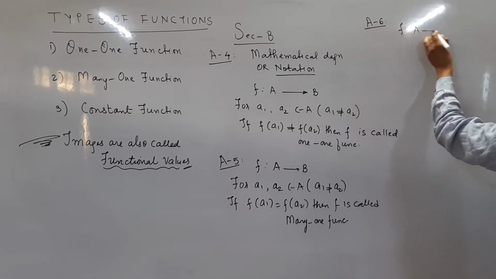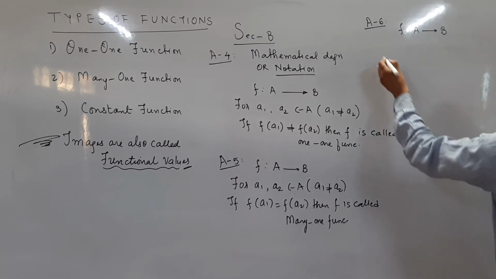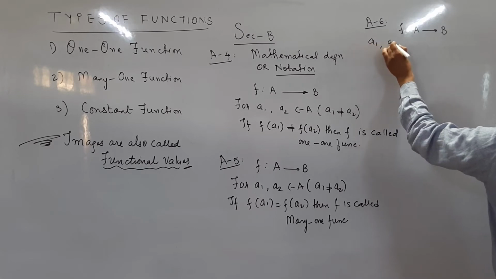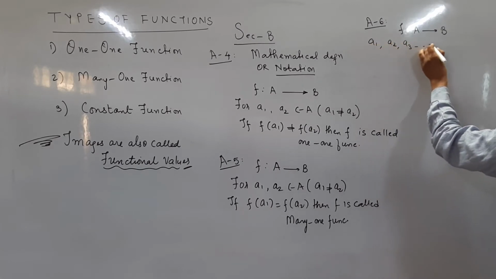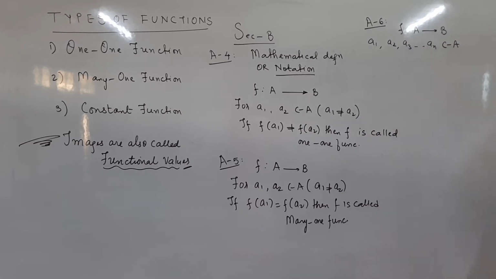So f is a function defined from domain A to codomain B. Now, say for elements a1, a2, a3 up to an belonging to the domain.